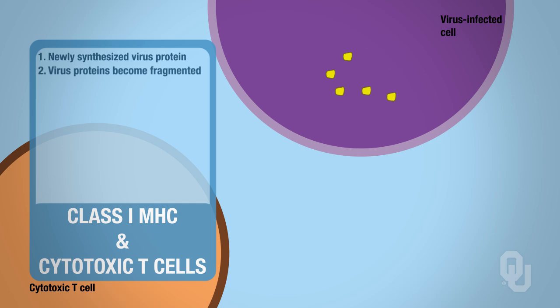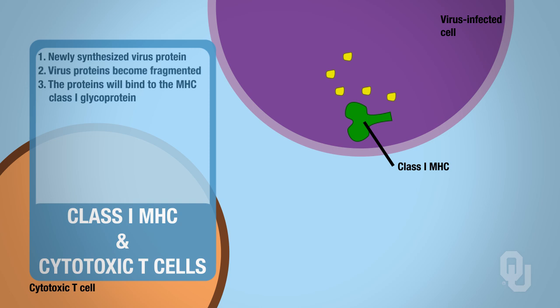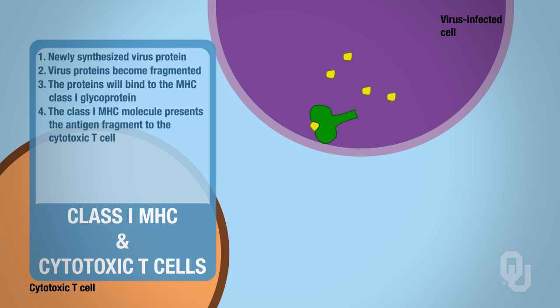And then once they become fragmented, in step 3 the proteins will bind to the MHC class 1 glycoprotein. Once that happens, in step 4 the class 1 MHC molecule presents this antigen fragment, the viral protein, to the cytotoxic T cell.